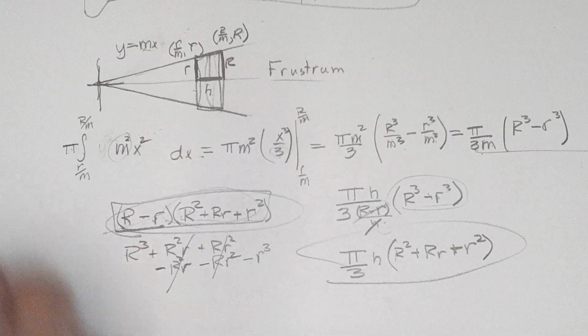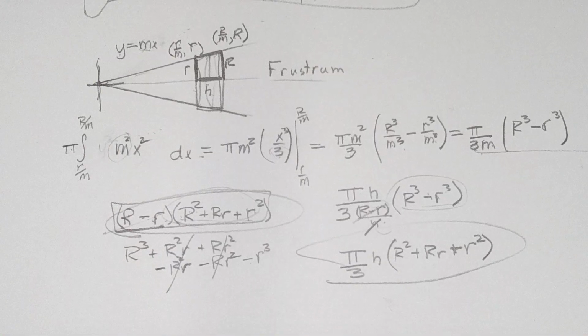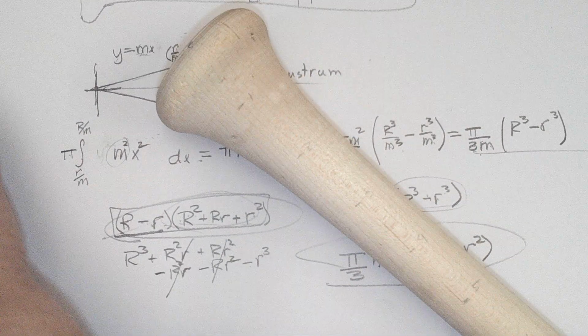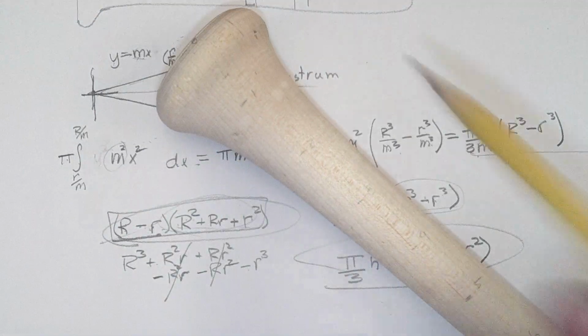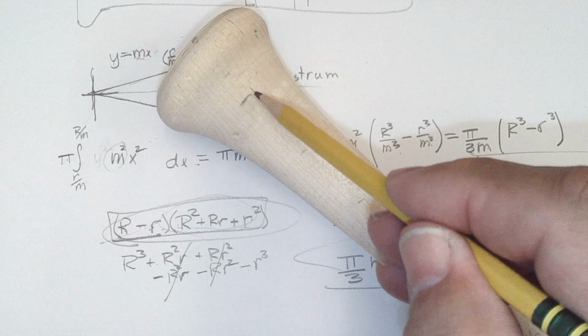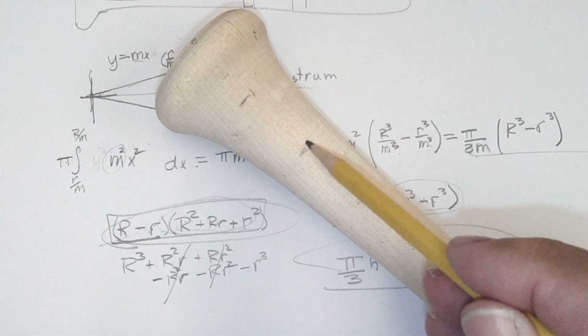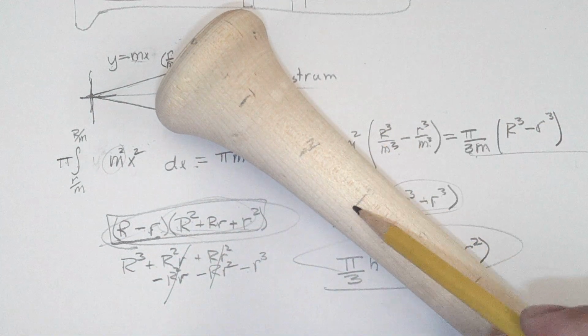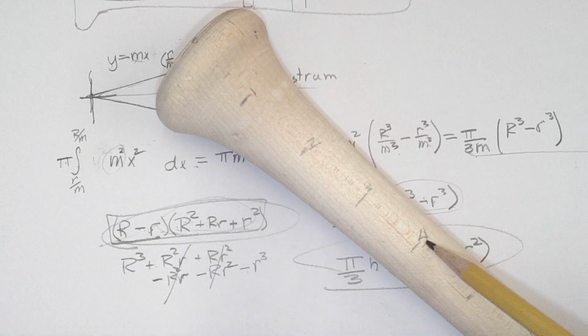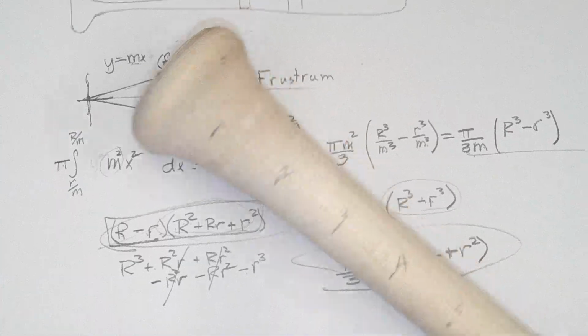So then in class, you can see that this bat, I've taken and marked off some places on it. I actually did several distances here, but here's 1 inch, here's 2 inches, and 3 inches, and 4 inches, and so on up the bat.